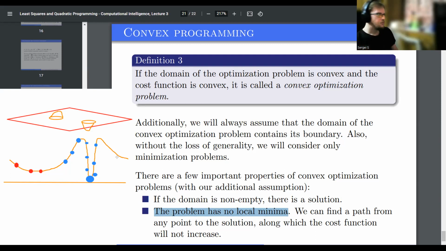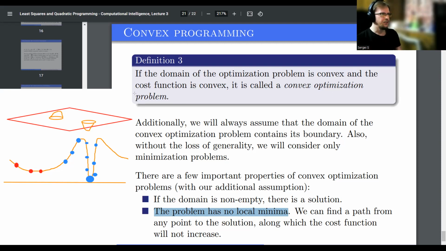So, a typical and quite serious problem for optimization. For convex optimization, it doesn't exist. For convex optimization, you always have one and single global minimum. You don't have local minima. You can have a stagnating region.